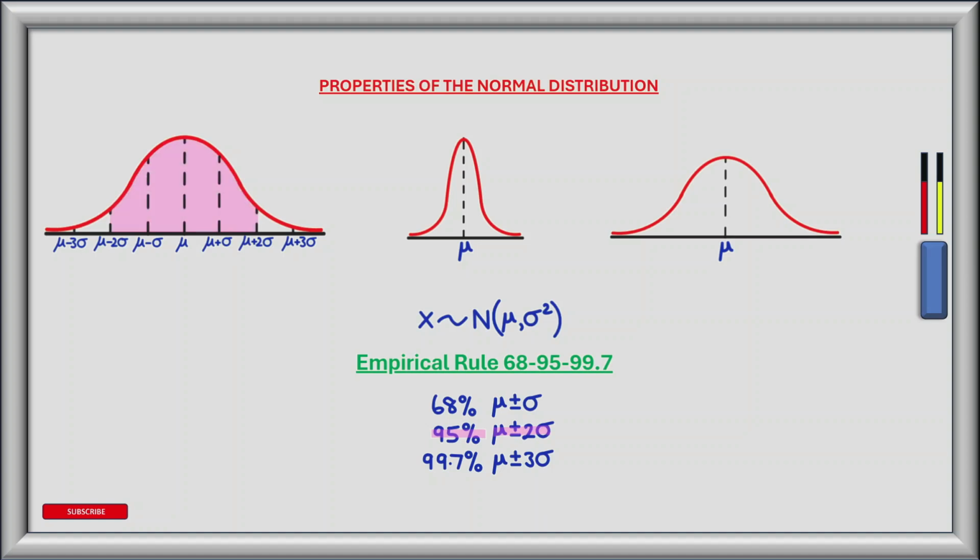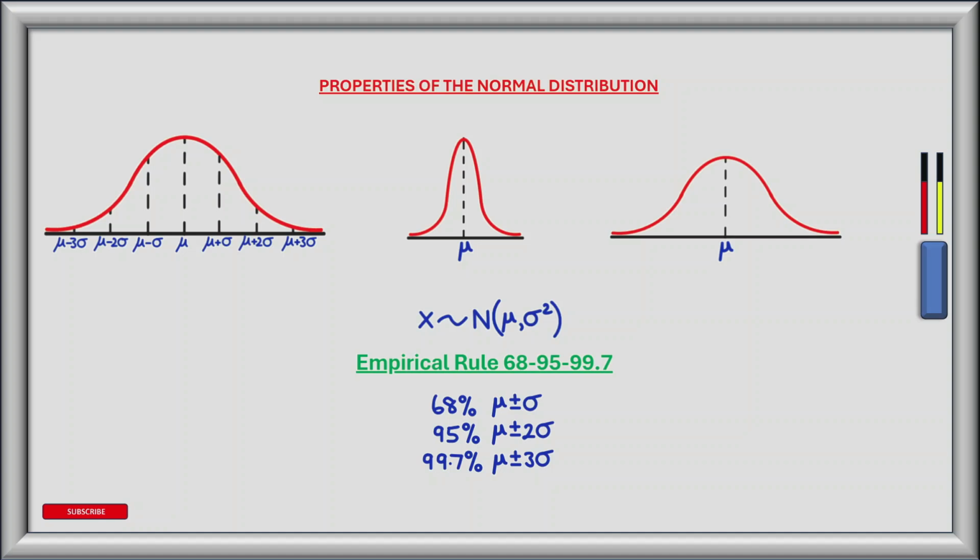So that's two standard deviations either side of the mean, indicated by the pink region. And that 99.7% of all outcomes fall within three standard deviations of the mean. So that's three standard deviations either side of the mean, which is indicated by the pink shaded region on the graph.